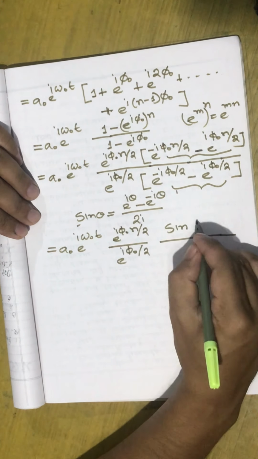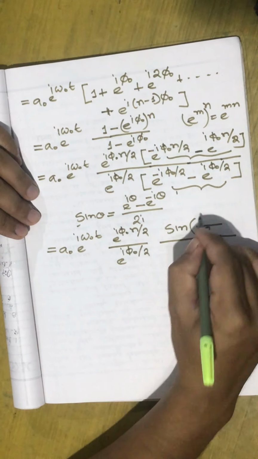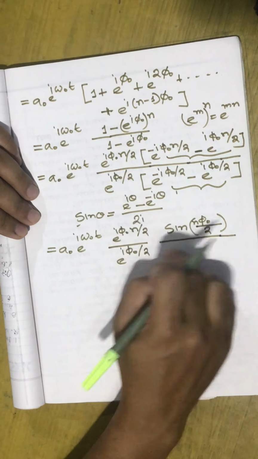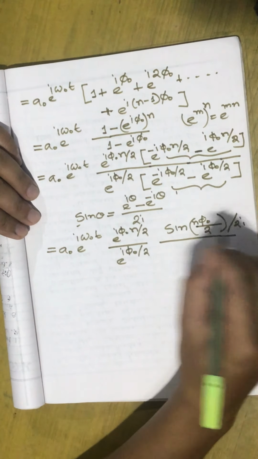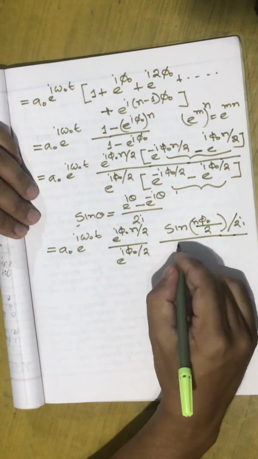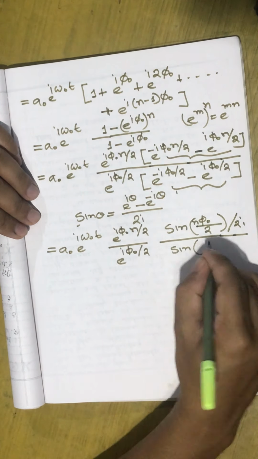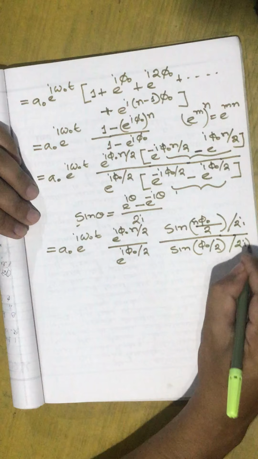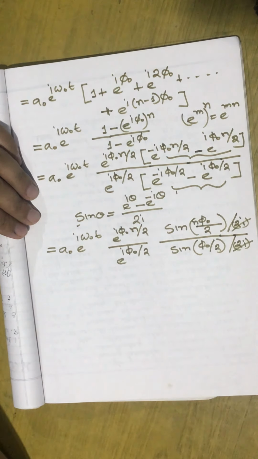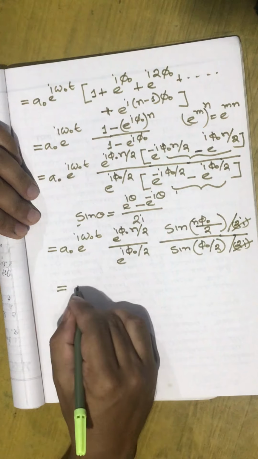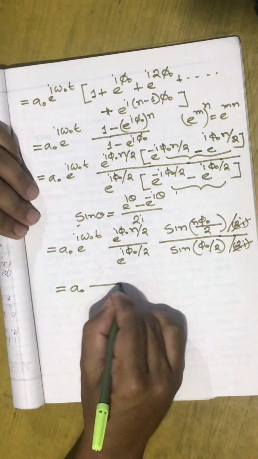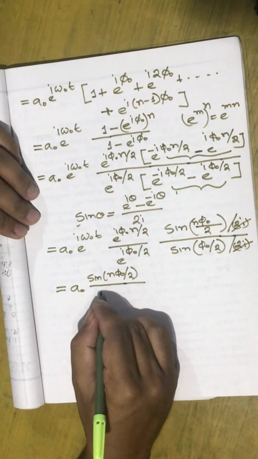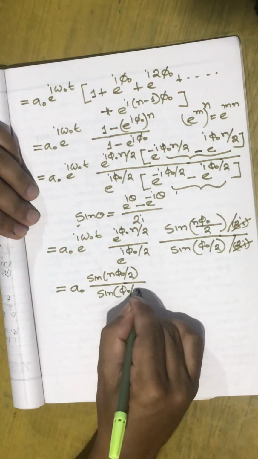The value of theta is n phi naught divided by 2, right? There will be a twice i divided by twice i, but it will automatically get cancelled, because another twice i will be in the denominator. So this term will be phi naught divided by 2 divided by twice i. Okay, so this twice i will get cancelled out. So finally what expression will we get? A naught, sine n phi naught divided by 2, divided by sine phi naught divided by 2.